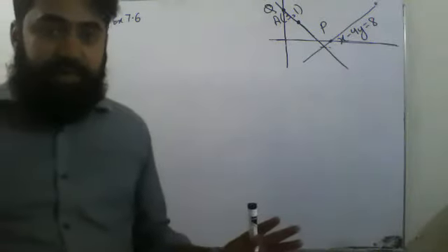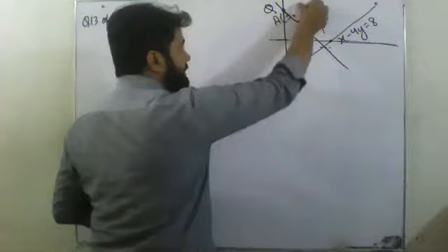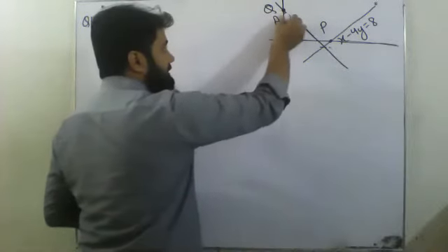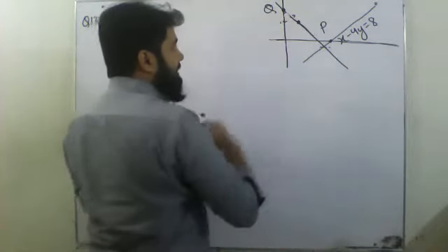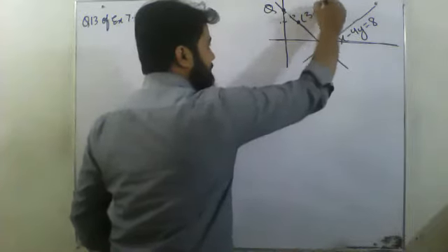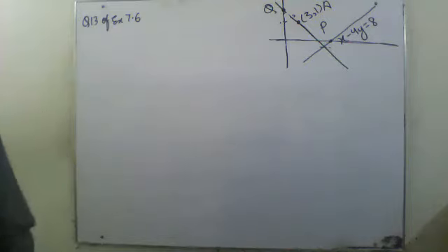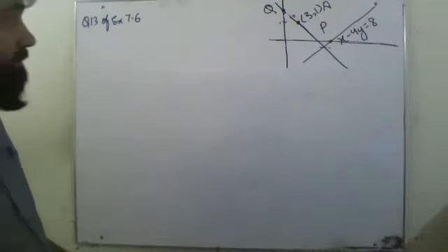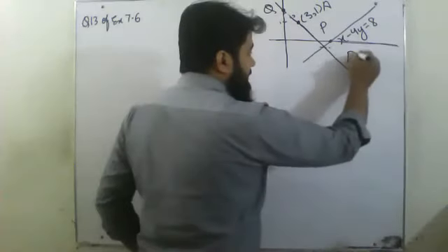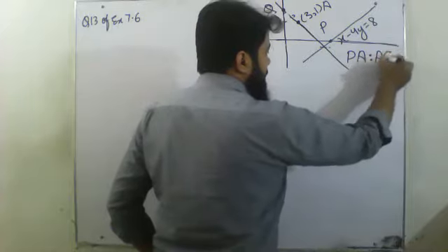It's just a rough diagram. I'm not saying it is perfectly according to the scale. No, it is not according to the scale. It's just a rough diagram, beta. So now, what are they asking for? They are asking that we have to find the ratio PA to AQ.